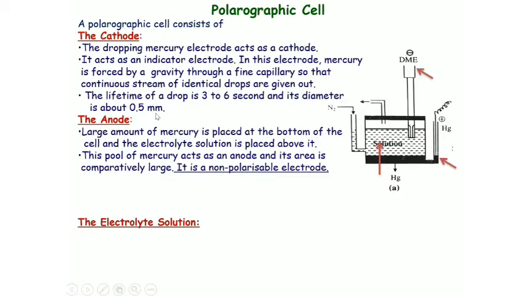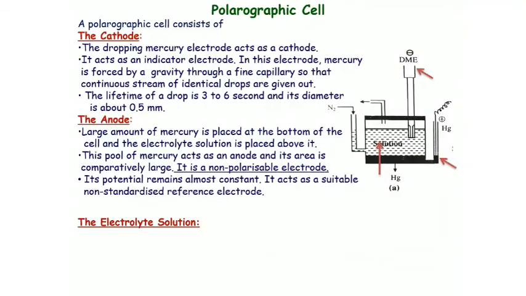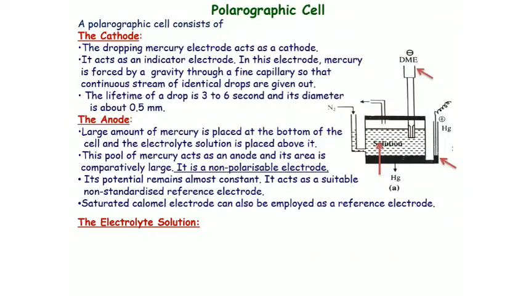In comparison with this, the reference electrode has a very large surface area and it is a non-polarizable electrode. Its potential remains almost constant. Non-polarizable means what? Its potential remains almost constant. And it acts as a reference electrode. In some instruments, calomel electrode is also used as a reference electrode.